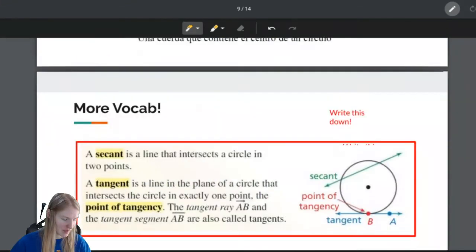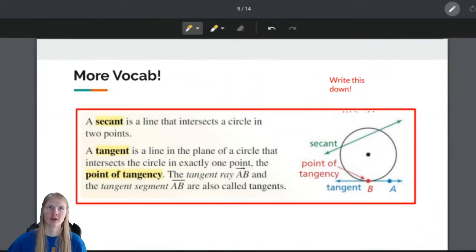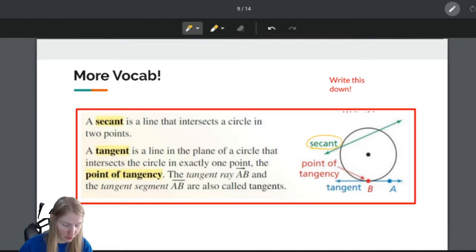Alright. I think these might be the last vocab words. So, a secant is a line that intersects a circle in 2 points. So this looks similar to a chord, but it is different, because remember, a chord was a segment. A secant is a line.